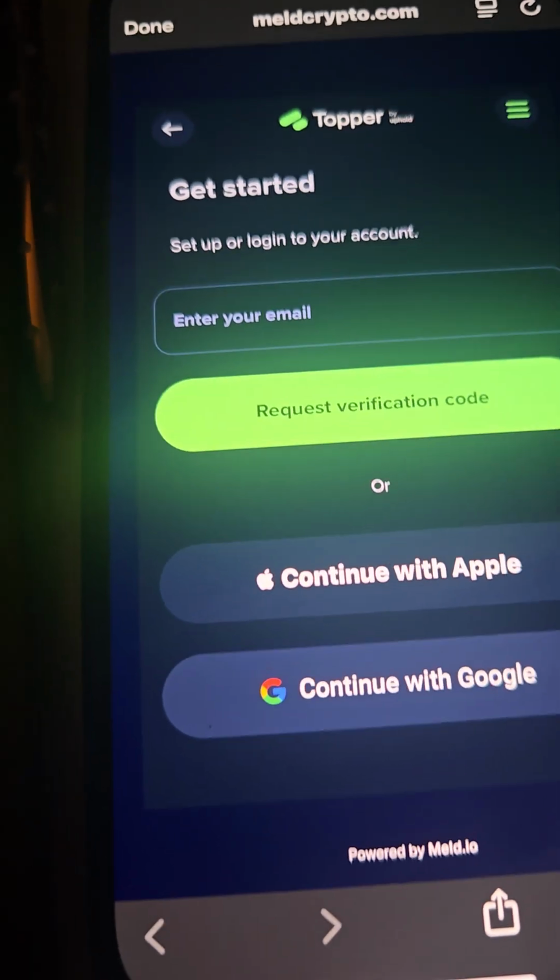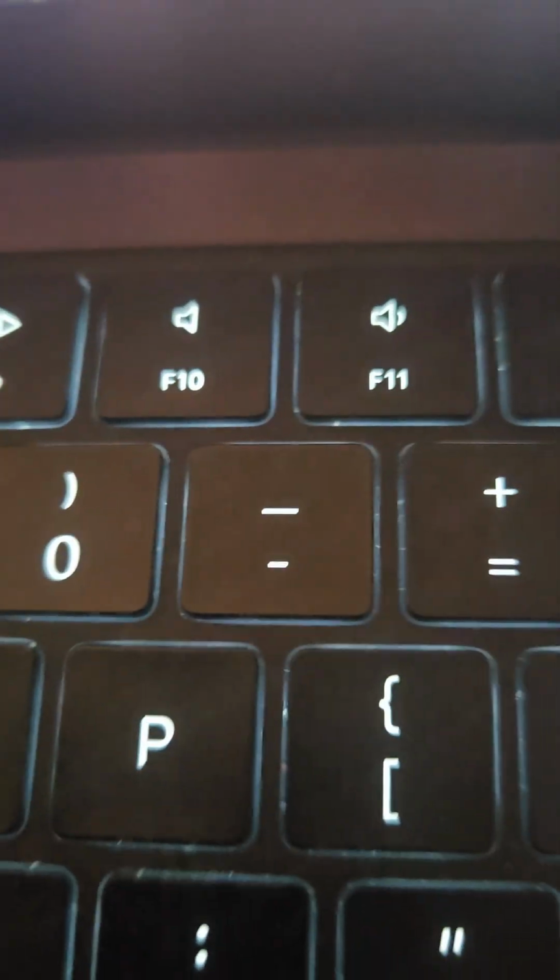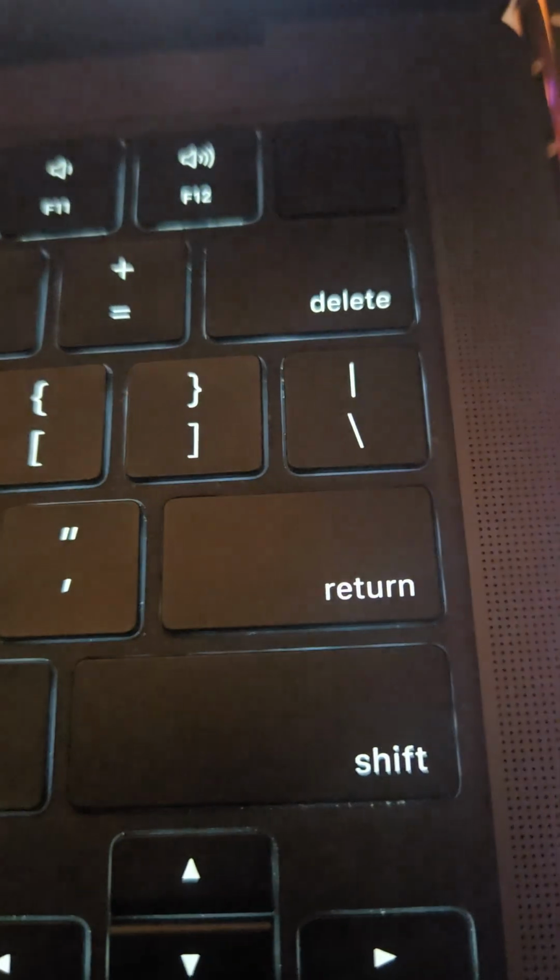Then it's going to ask me for my verification. So I'm going to continue with Apple. And I'll put in my phone number. Okay. And then it's going to ask me to go in. And it says the account is in review. It's been flagged.